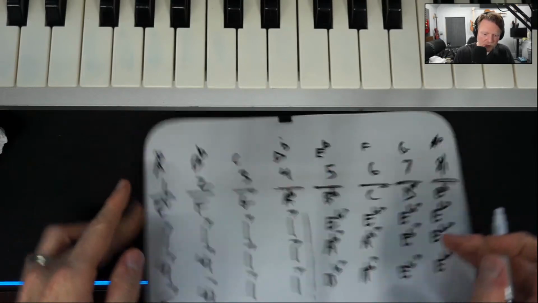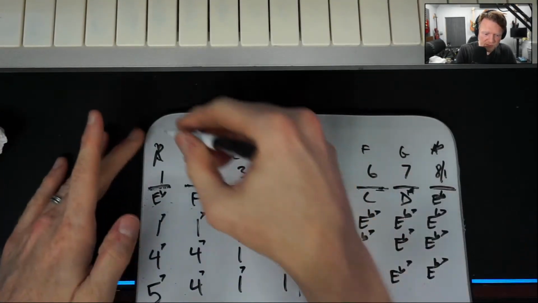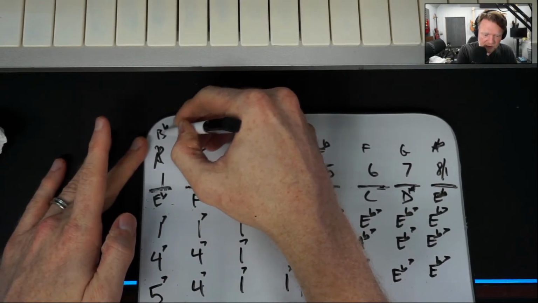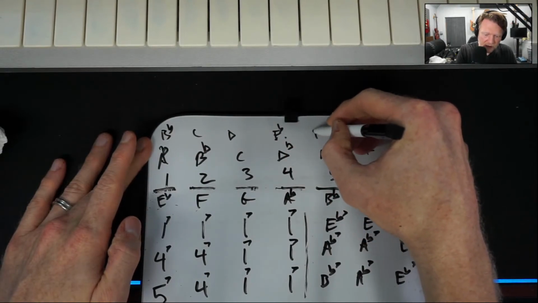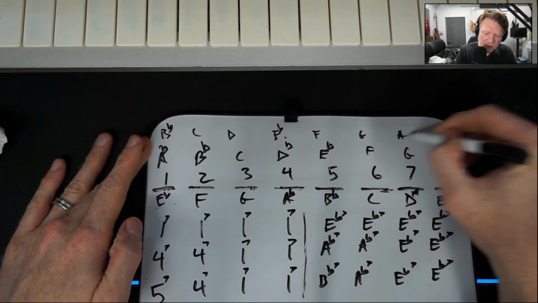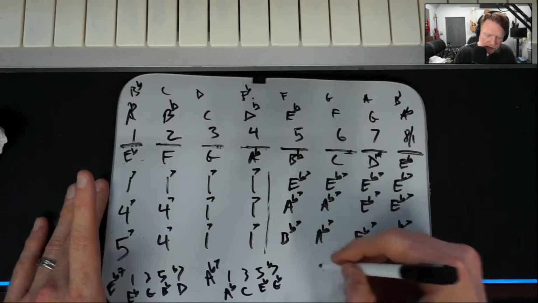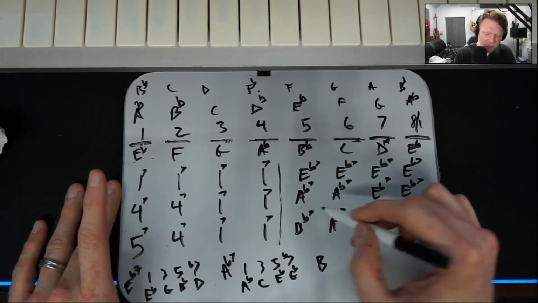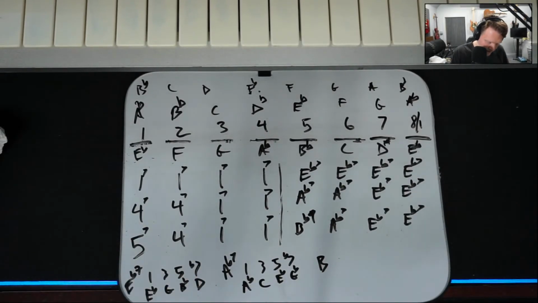Let's go ahead and write out B flat up here at the top. The key of B flat: B flat, C, D, E flat, F, G, A, B flat. So on here, instead of a B flat chord, you're going to see a B flat 9 right there.